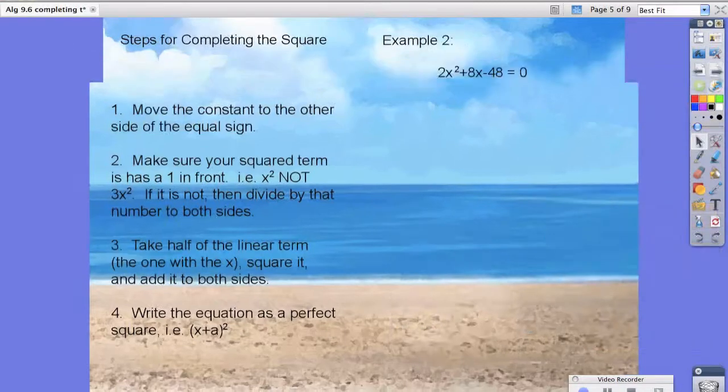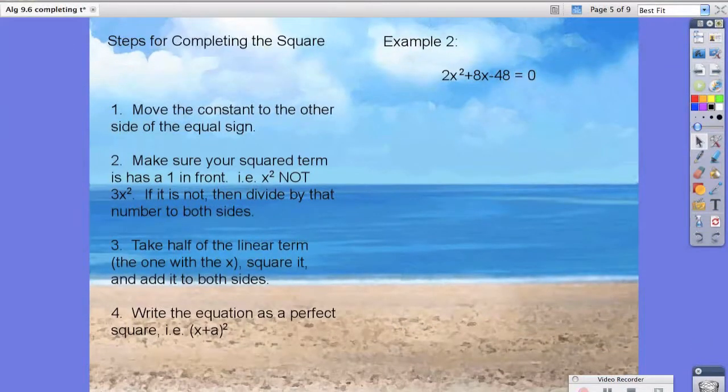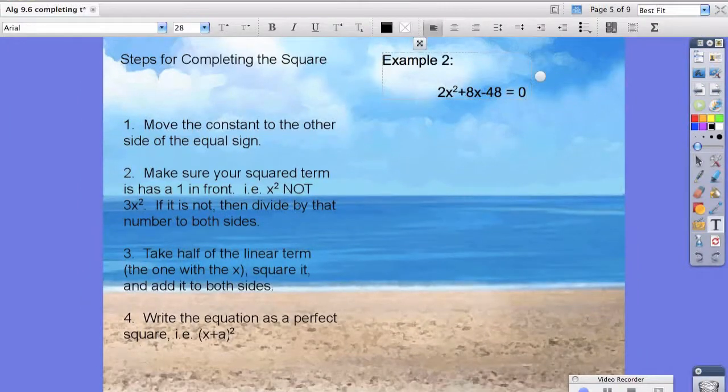Let's try another one that's slightly more spicy. Example 2: we have 2x squared plus 8x minus 48 equals 0. Step 1 is to move the constant to the opposite side of the equal sign. So we're going to add 48 to both sides. We're left with 2x squared plus 8x equals 48.